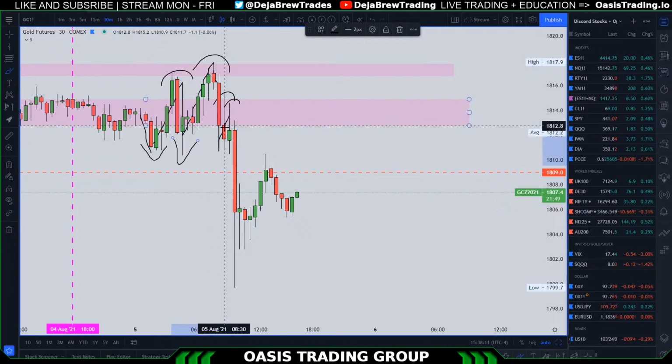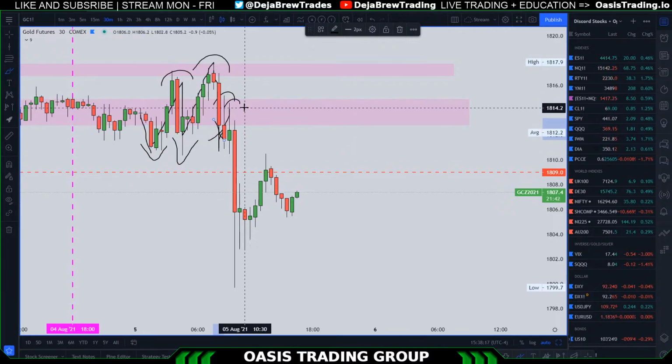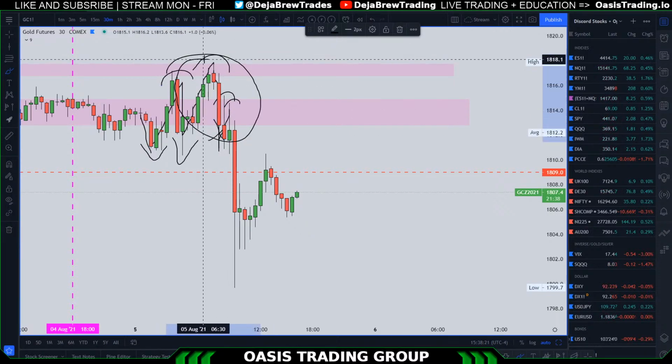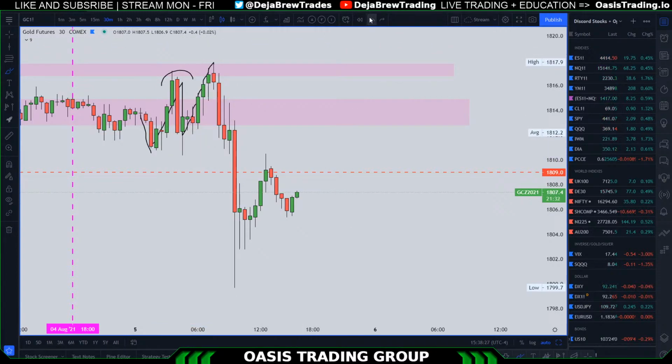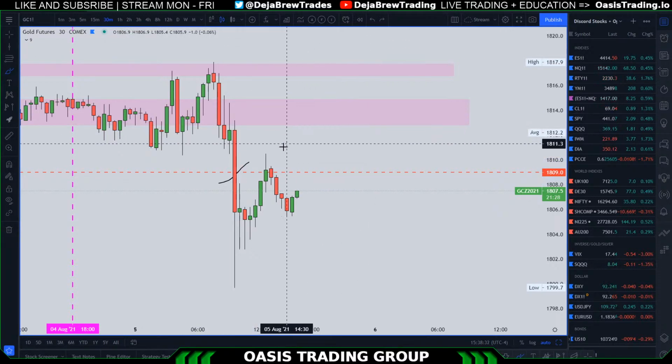But then we have a loss of the support, so now there's 3 bearish scenarios, 2 bullish, and then 2 more bearish scenarios. So we have 1, 2, 3, 4, 5 bearish scenarios compared to 2 bullish scenarios. So today is clearly bearish. And on top of that, you lose the value area low, so it's even more bearish.